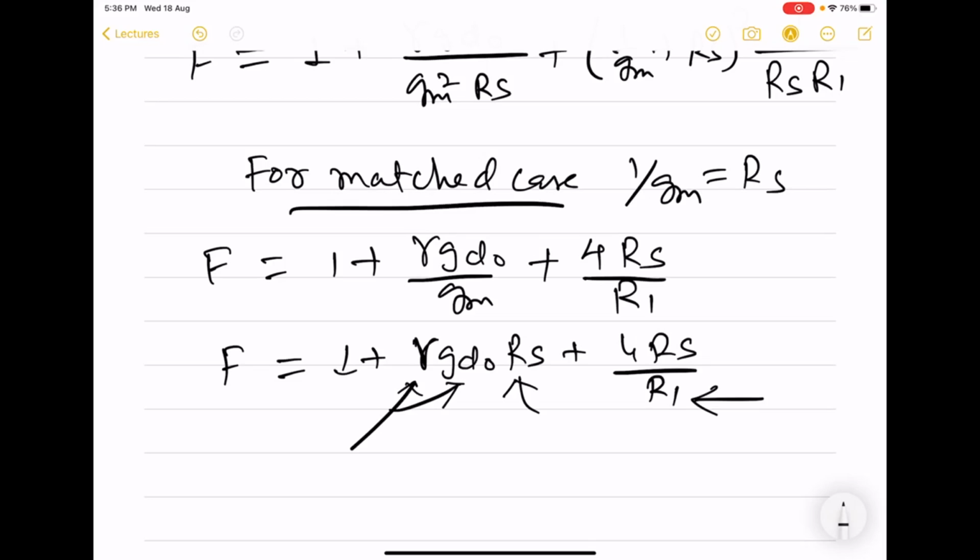right? So what is done is then we introduce a modification in this circuit so that there is a decoupling. That means there is an additional parameter using which we can decide Z in independent of the noise factor. There is some degree of freedom in using Z in.